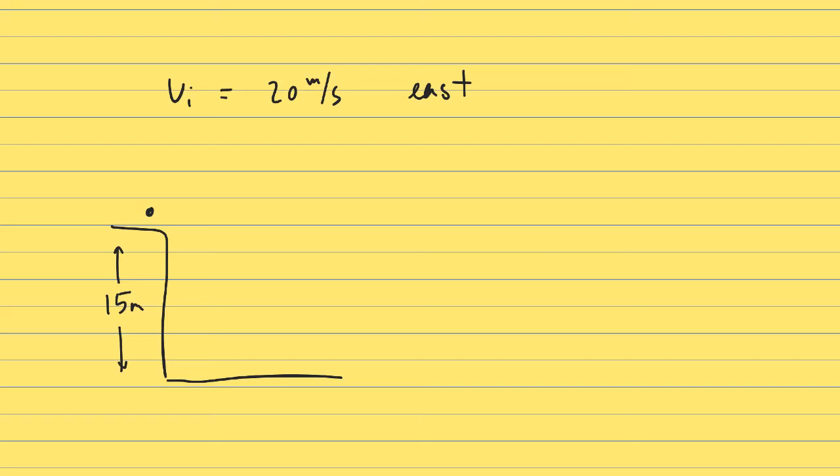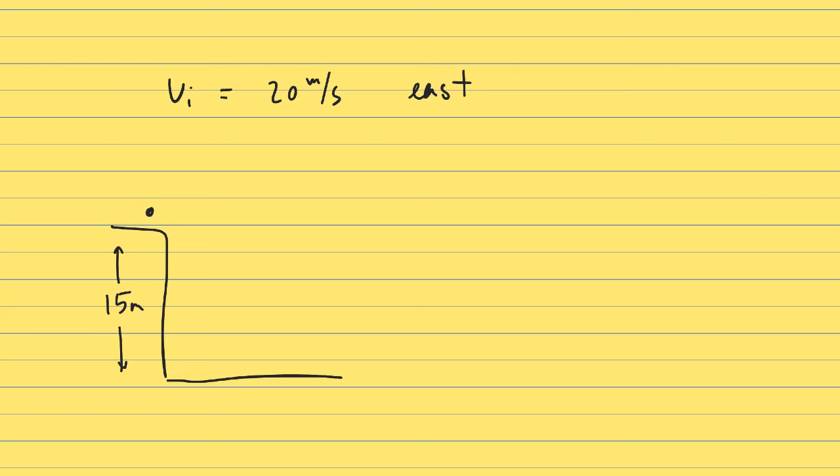So let's say an object is fired with a VI of 20 meters per second east. It's fired from a cliff, and the cliff has a height of 15 meters above ground.